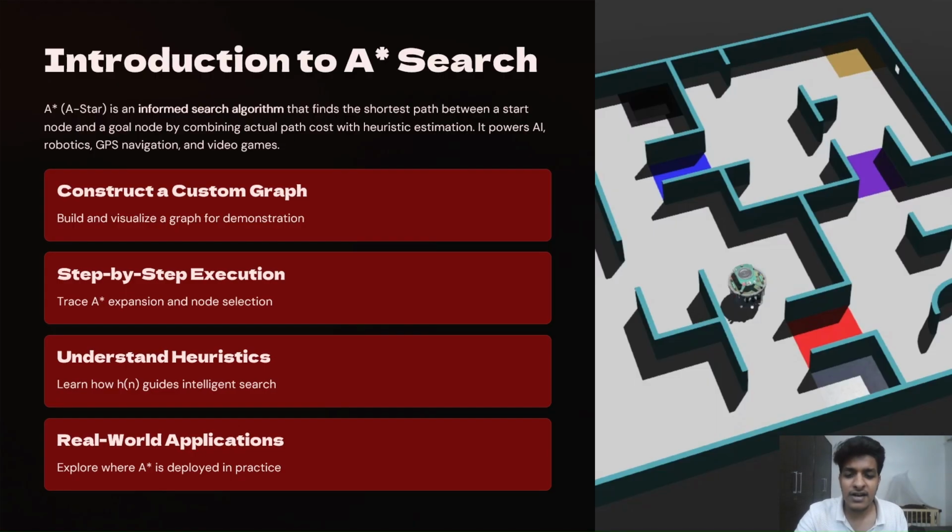A-star search reduces the unnecessary exploration, uses heuristics to guide the search, finds the shortest path efficiently, and is mainly used in GPS navigation systems, Google Maps, robotics, video games, and autonomous vehicles. Traditional searching methods may waste time exploring unnecessary paths. A-star search overcomes this problem by using heuristic values to guide the search towards the goal.